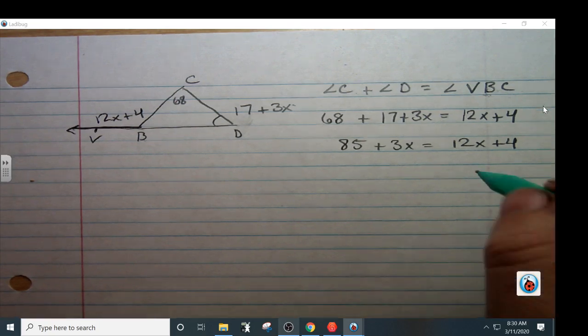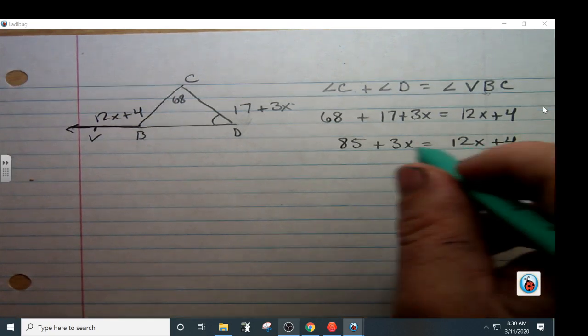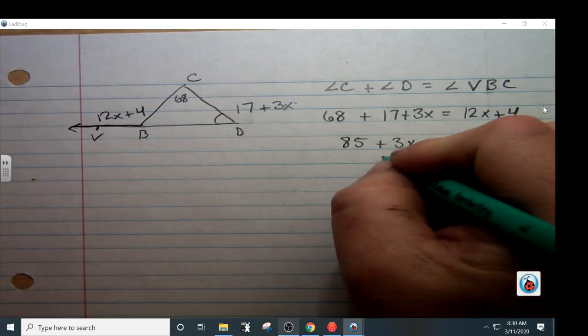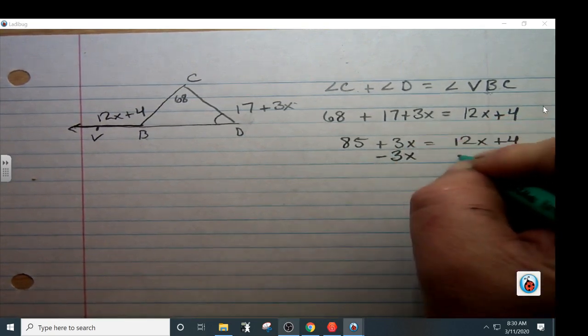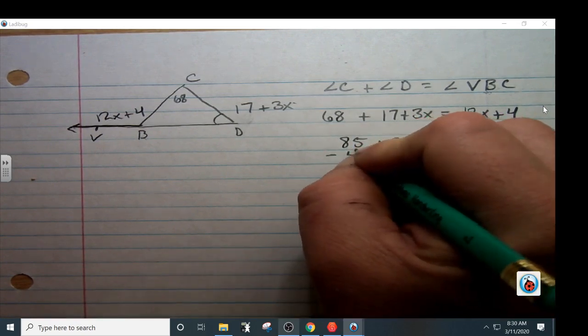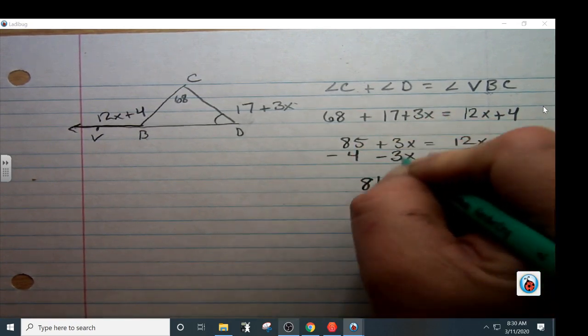Okay. Now, guys, what we have here is a multi-step equation with variables on both sides. So I'm going to get my variables on one side, then I'm going to get my constants on the other. So that's going to be 81. That cancels.